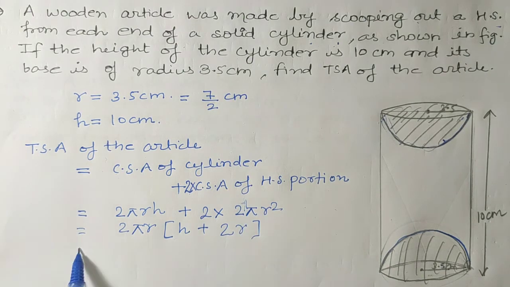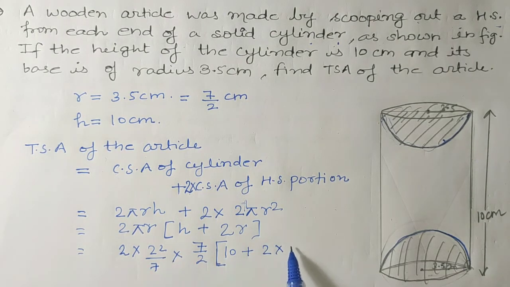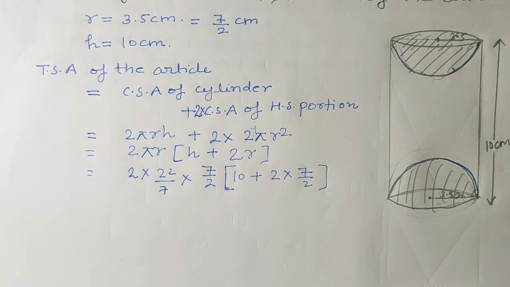Now see, when we put the value, it will be 2. Pi is what? 22 by 7. r is what? Radius. It is 7 by 2. h is 10 plus 2 into r, means 2 into 7 by 2. After that we'll solve it.